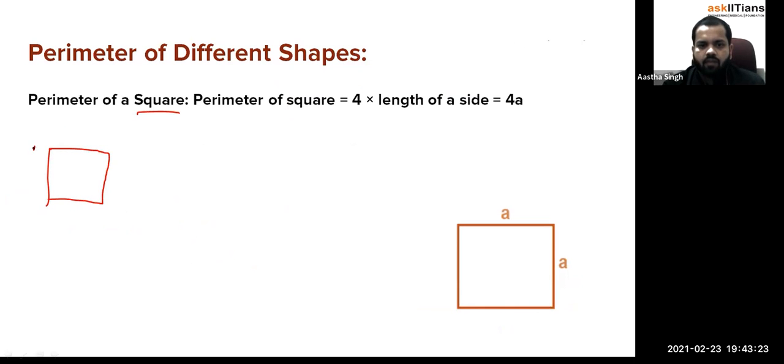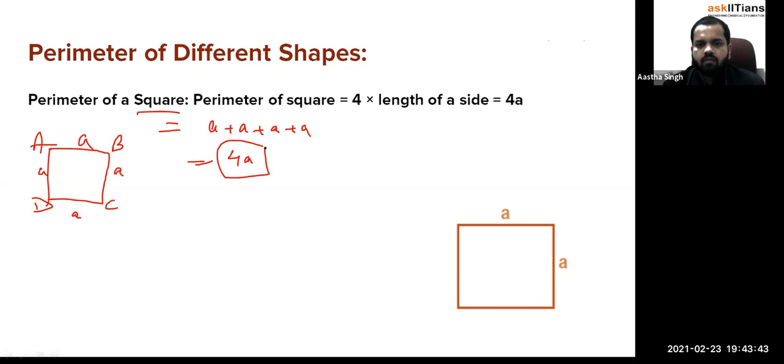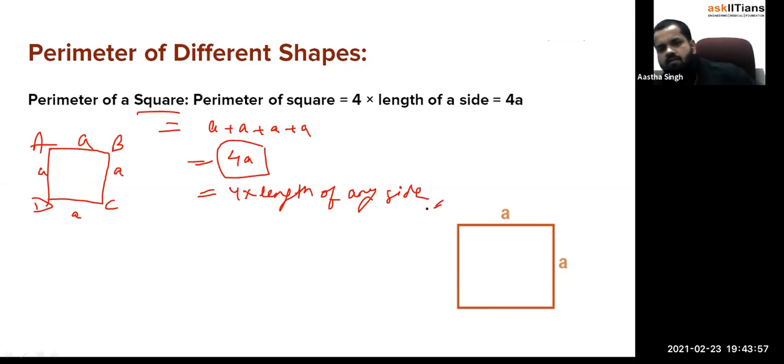In case of a square, with points A, B, C, and D, each side is A. The perimeter of a square is just adding all the four sides, which will be equal to 4 times A, four times the length of any side. This will be your perimeter of a square, right?